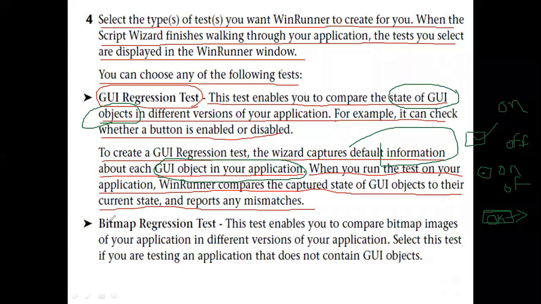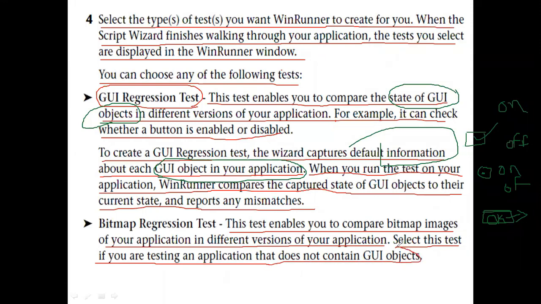Okay, so next one, the bitmap regression test. This test enables you to compare bitmap images of your application in different versions of your application. Select this test if you are testing an application that does not contain GUI objects.